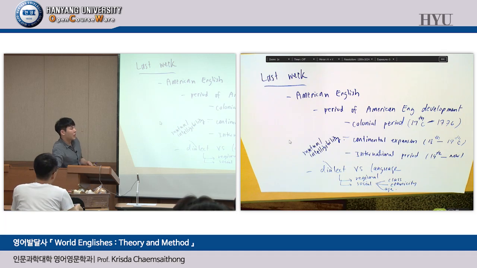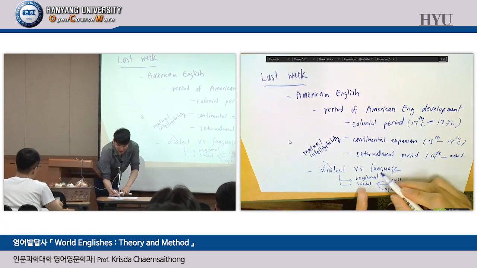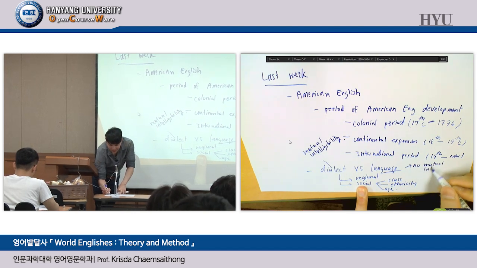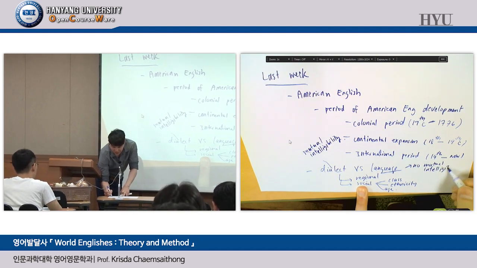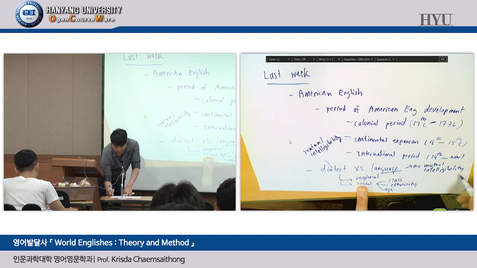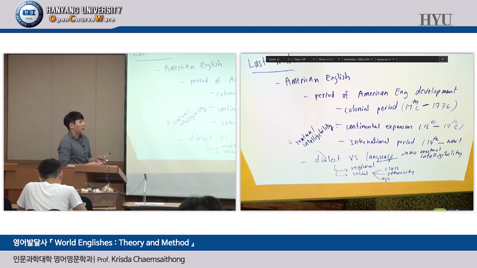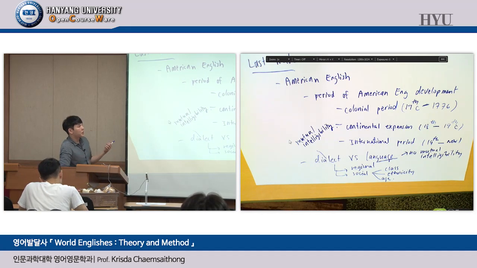However, for language, there's no mutual intelligibility. For example, Chinese people who speak different kinds of Chinese cannot understand each other.